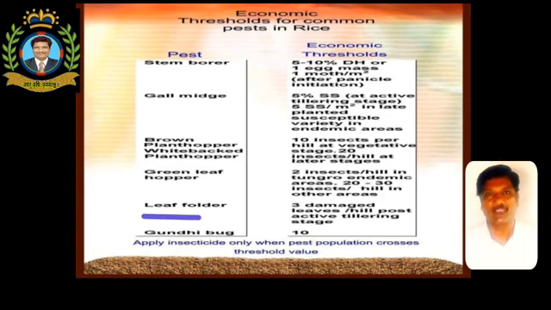In case of leaf folder, 3 damaged leaves per hill in the tillering stages, the measures can be taken. And the last one is the gundi bug: if 10 individuals or adults are seen on the plant, the management can be taken.